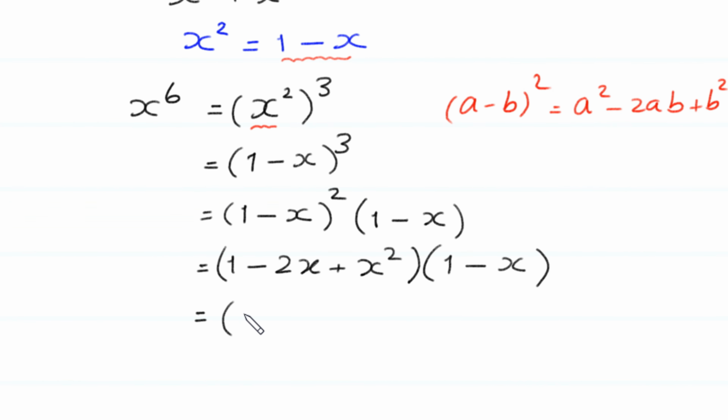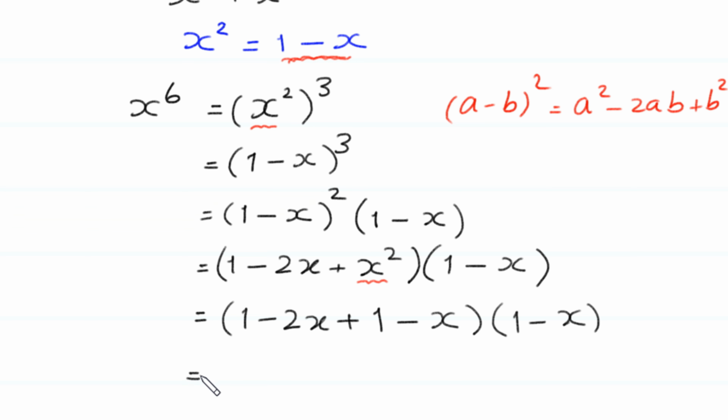Next 1 minus 2x plus, now in place of this x square we put the value of x squared, 1 minus x, from here. The value of this x square is 1 minus x, times this 1 minus x. Next this 1 plus this 1, 2 and minus 2x minus 1x, minus 3x, times this 1 minus x.